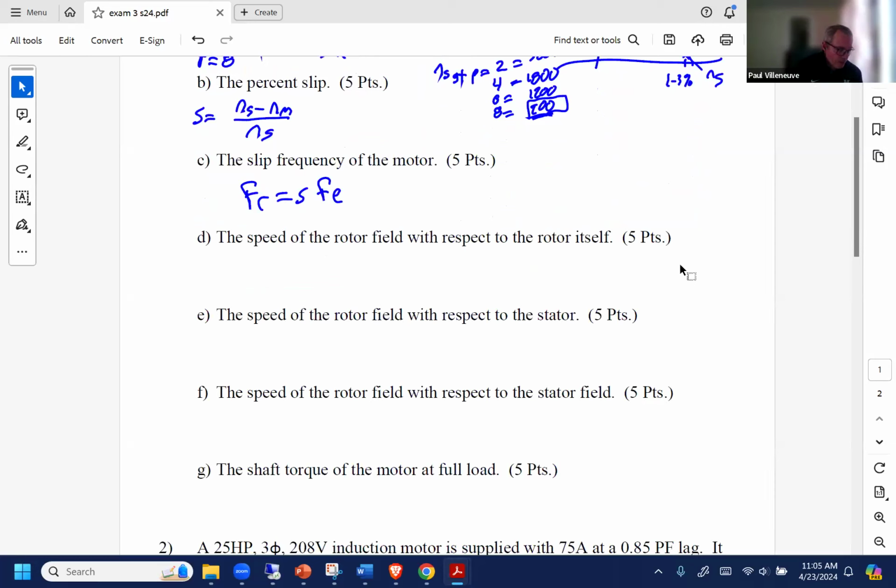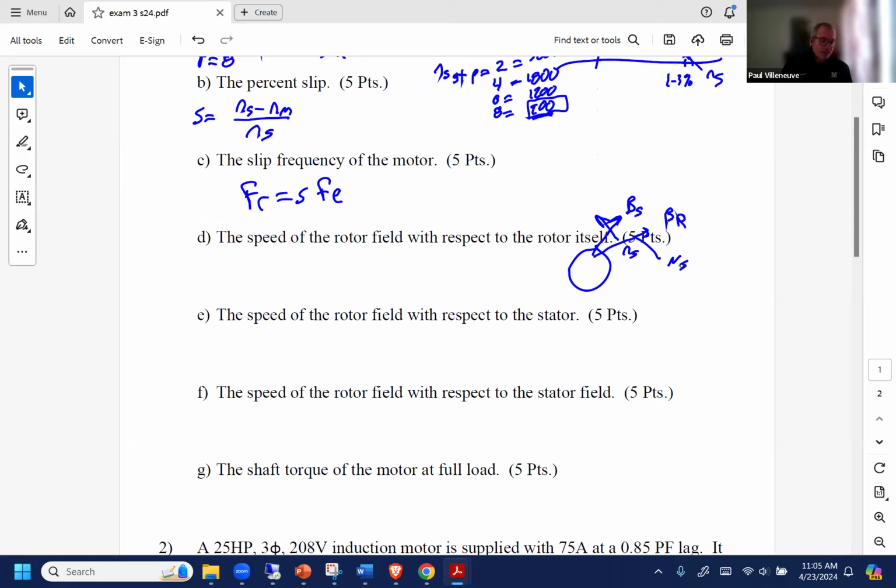Now, the speed of the rotor field with respect to the rotor itself. Remember the whole concept of an induction machine is we have a magnetic field. So we have our magnetic field. We'll draw that here. We'll call it B sub S. And that has to operate at synchronous speed. We also have a rotor magnetic field, and that too has to operate at synchronous speed.